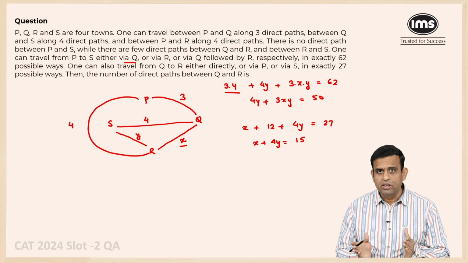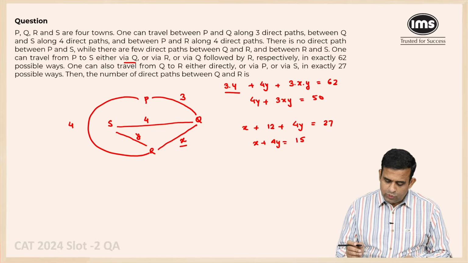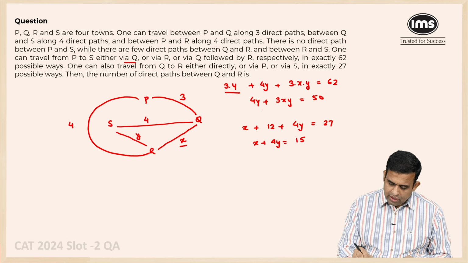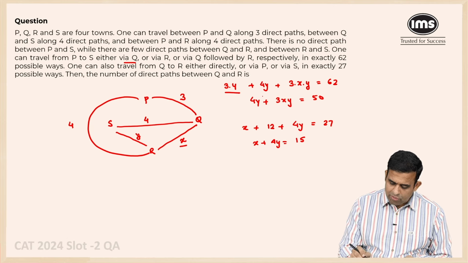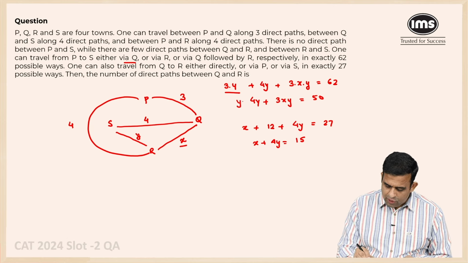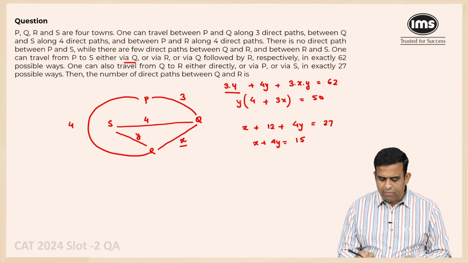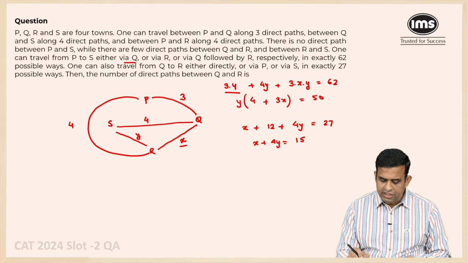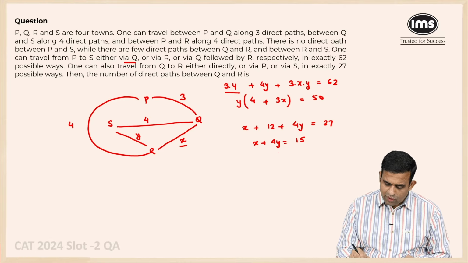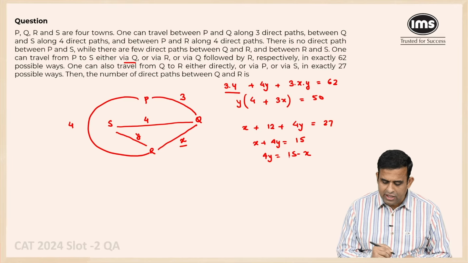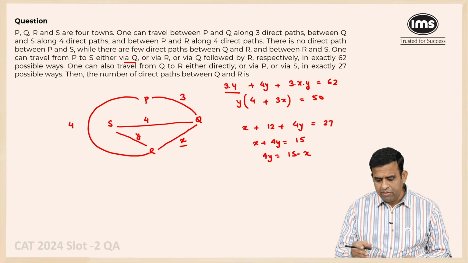I will show you two methods after this. So one would be, if I look at this, I can take Y common. If I take Y common, I get Y into 4 plus 3X equals 50. Now I want to replace the value of Y. In this case, I can say 4Y equals 15 minus X. Let's multiply by 4 on both sides.